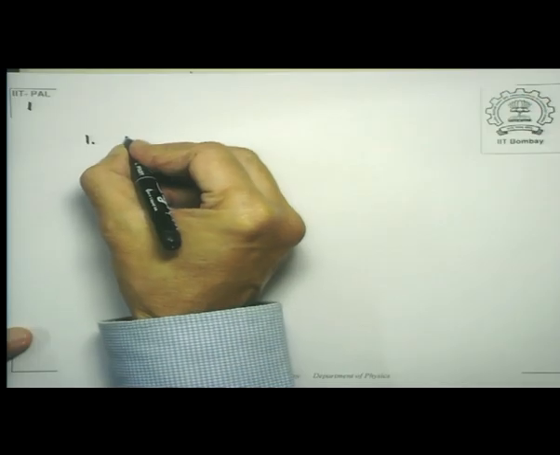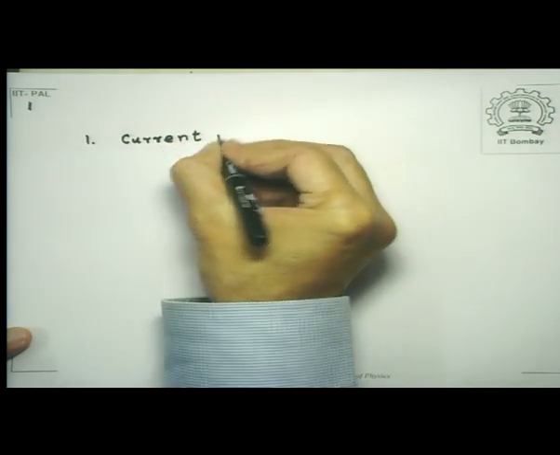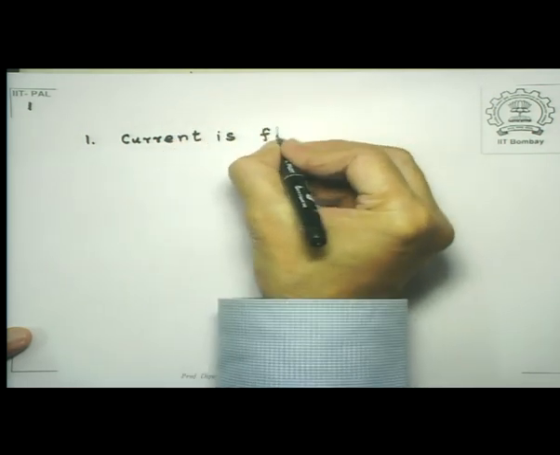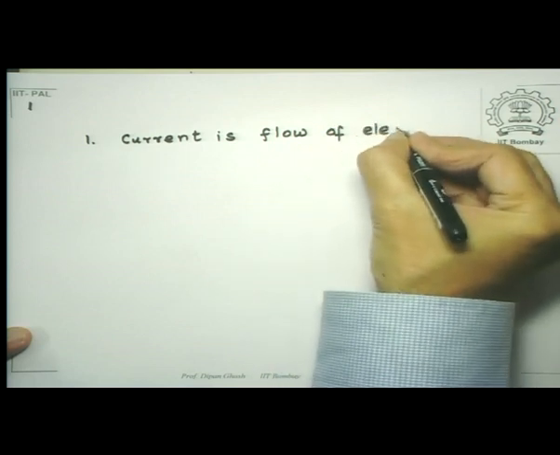So I will start my lectures by summarizing what we did yesterday. The first point was that we defined current, and we said current is a flow of electricity, or electric charges if you like.